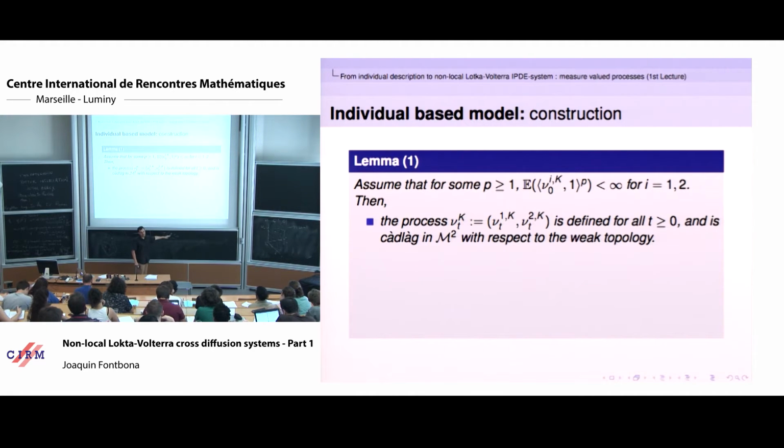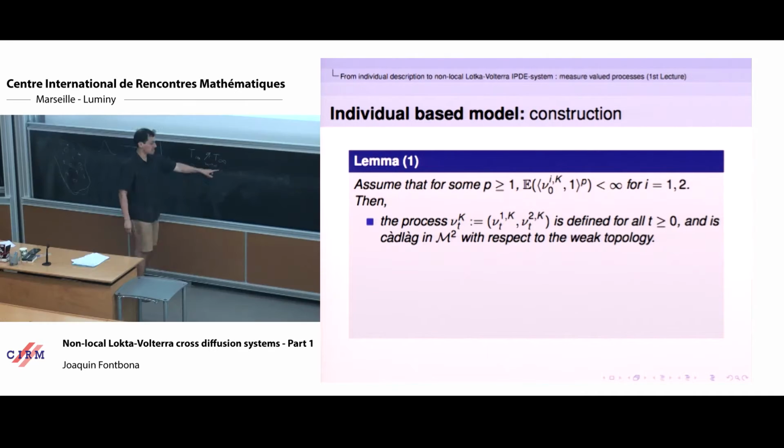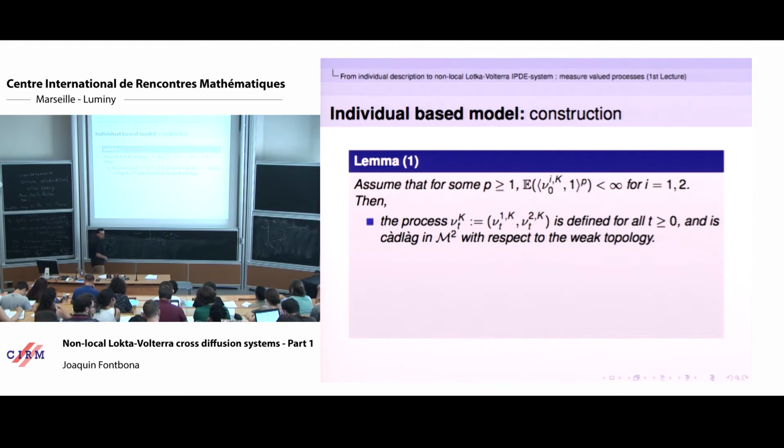My process, in the way I constructed it, is well defined up to this time, so let's say on [0, t infinity). But it could be that t infinity is different from infinity. So at some point you must show that it is equal to infinity. Okay? So that's the idea.